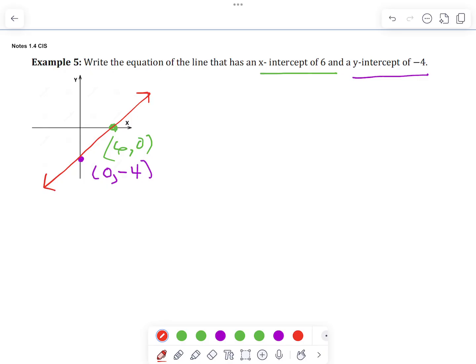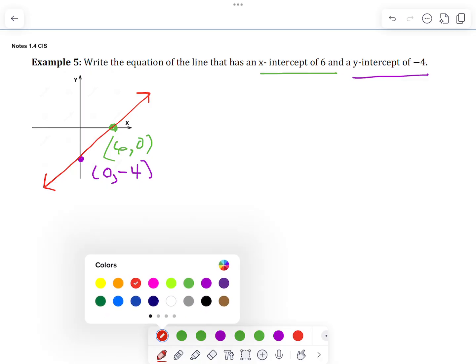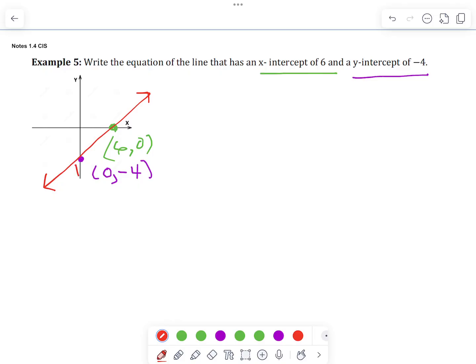And we want to find the equation of that red line. Well, we know the y-intercept, that b, is -4. Now what we have to do is find the slope. So the slope is the change of y over the change of x. So let's go ahead and count it.